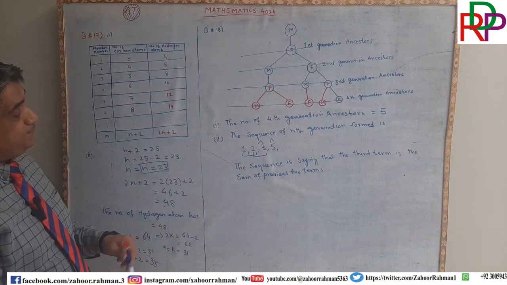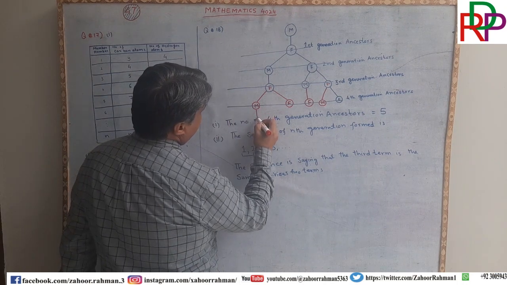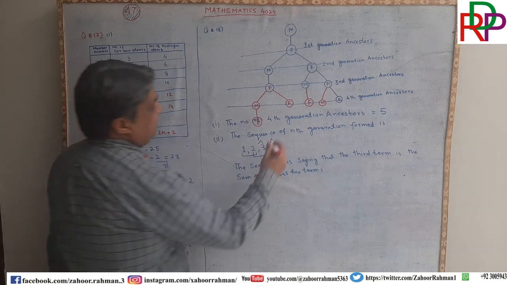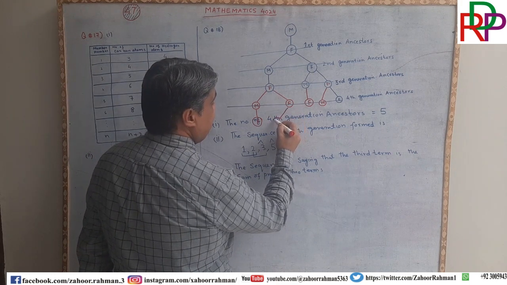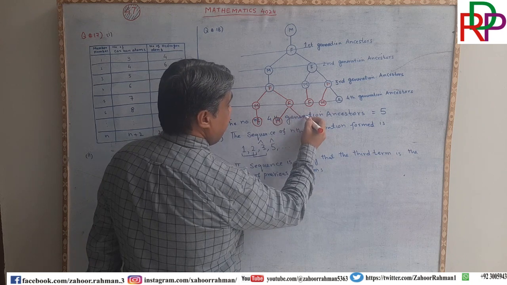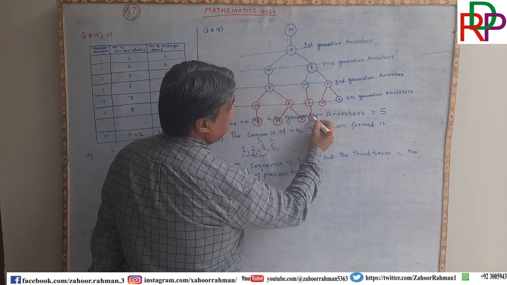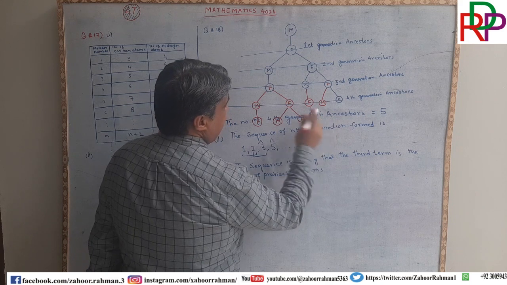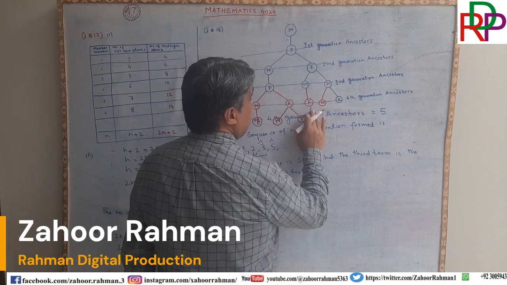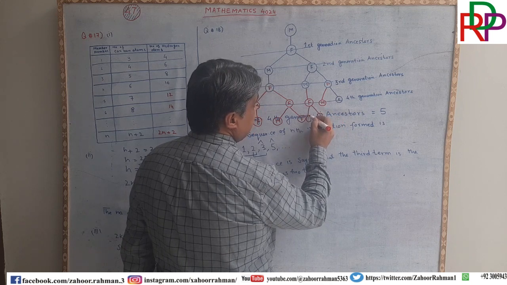So let us complete this. It is male, so it will have only one parent. It is F, so it will have two, and that is M and F. F again, there will be M. F again is there, so it means that it will have again two, which will be this one and this one.